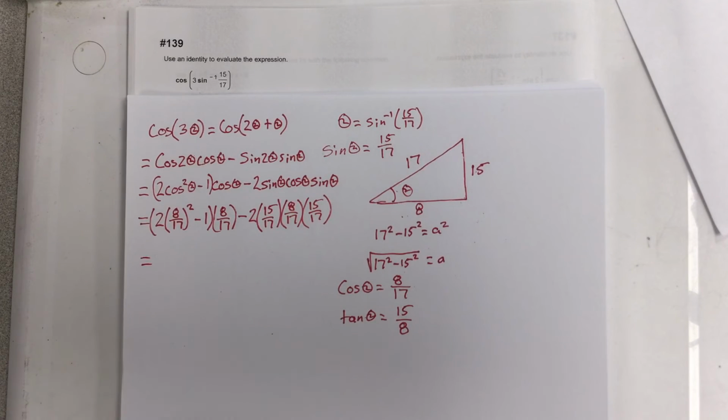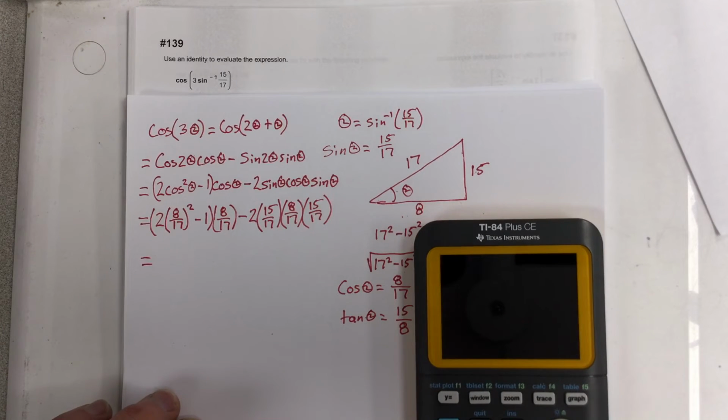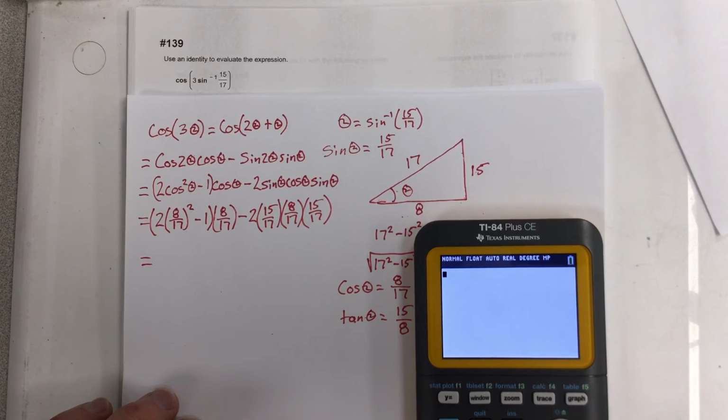Now I can actually use my calculator to do all the work if I want. So I'm going to plug this in. And let's just add in all the parentheses. So I have 2 parentheses, using the fraction button is going to be advantageous to you.